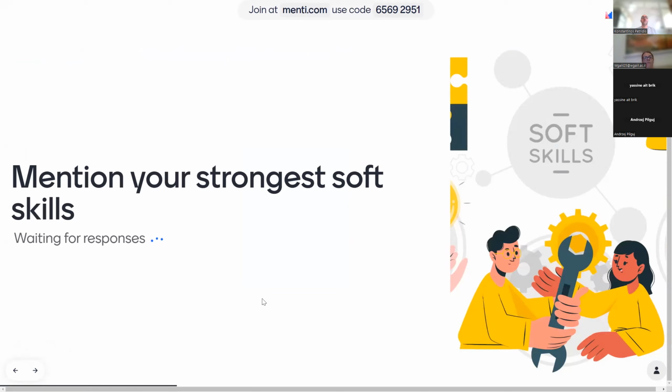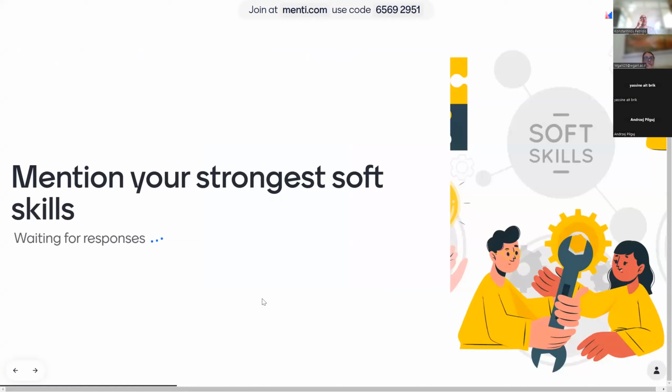In my case, if I would like to help you, because we always think about the strongest soft skill, what is mine? I would say, probably presentation. How do I communicate my truth?